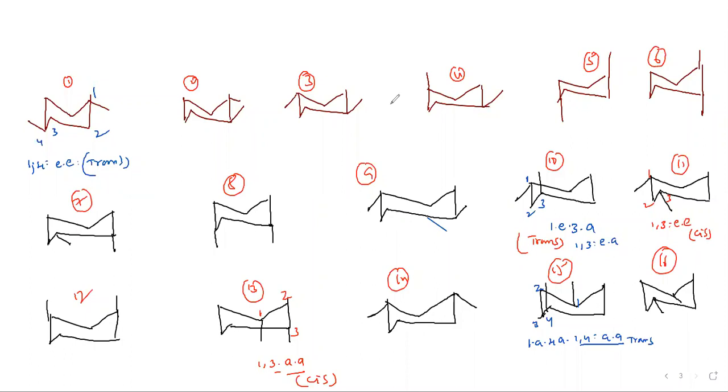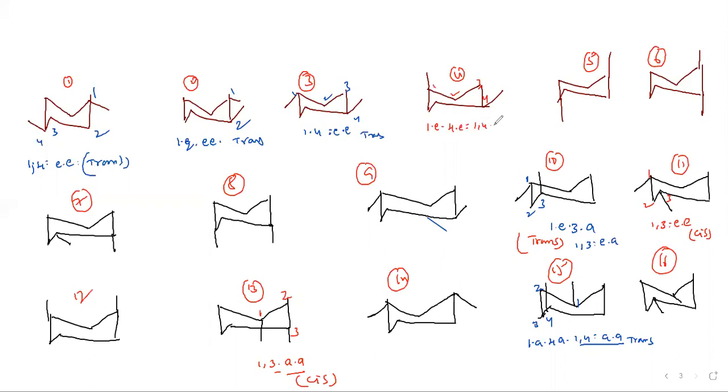1 comma 2 equatorial equatorial. What is this? Cis or trans? Trans. 1 2 3 4. 1 comma 4 equatorial equatorial. Trans or cis? Trans. 1 equatorial, 4 equatorial.